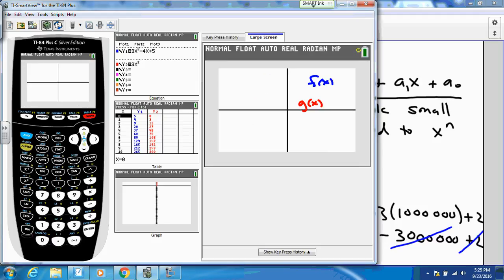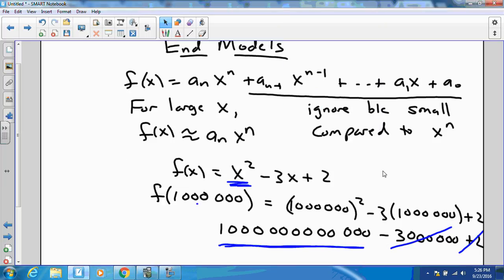When I graph these now, look at what happens. f of x goes there, g of x goes there, and you can't tell the difference between the two graphs. The two graphs are very, very close together. In fact, it's kind of hard to tell the difference between the x-axis and the y-axis. So the point is that for large x's, f and g are essentially the same.